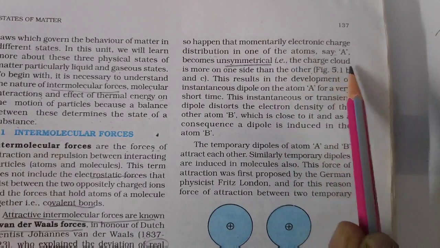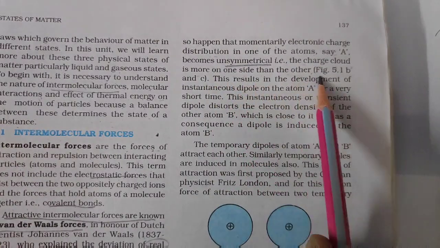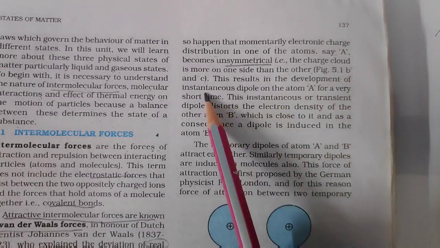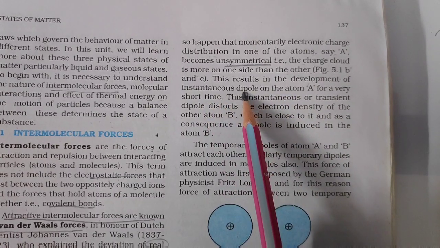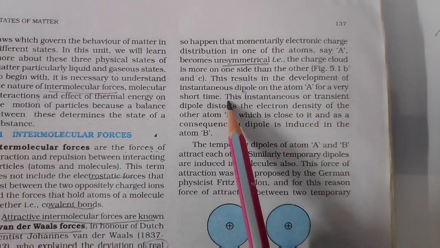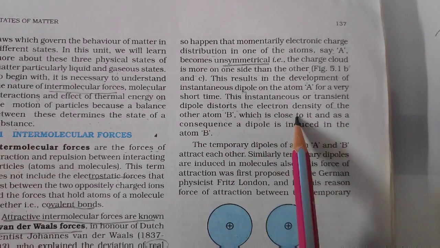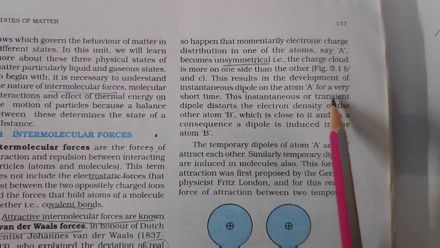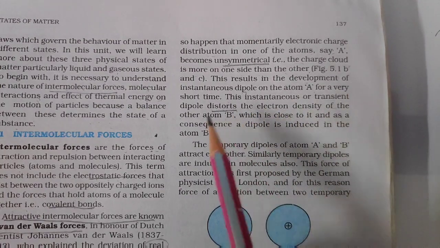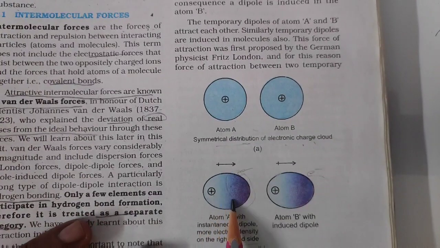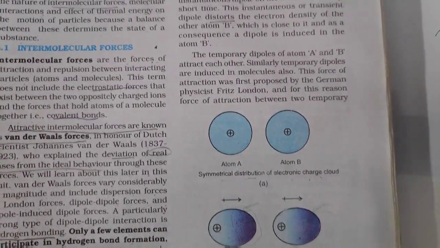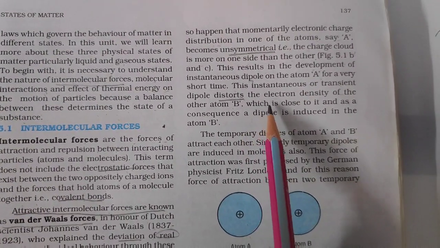Now the charge cloud is more on one side than the other, and this results in the development of an instantaneous dipole in atom A for a very short time. This instantaneous or transient dipole distorts the electron density of the other atom B, which is close to it. Distort, the word is what? Distort means it gets displaced to one side; distort means disturb, what we say.